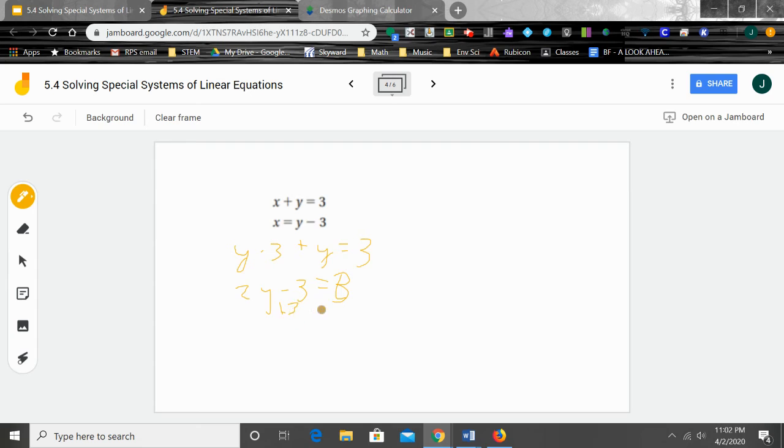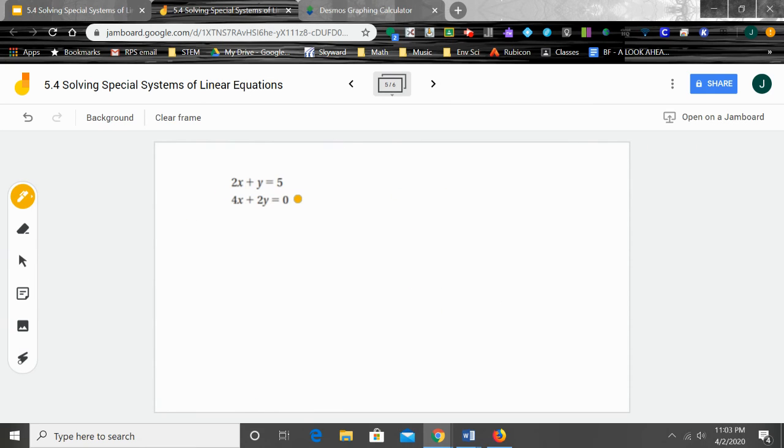Add 3 to both sides. 2y equals 6, divided by 2. y equals 3. Plug 3 in here. x is going to be 3 minus 3, or 0. So (0, 3) would be a solution to this equation. So this would have one solution.